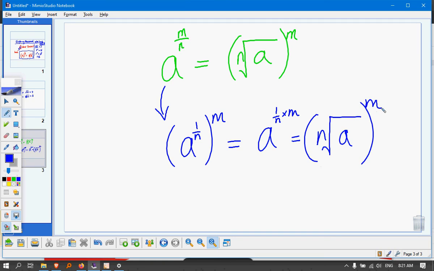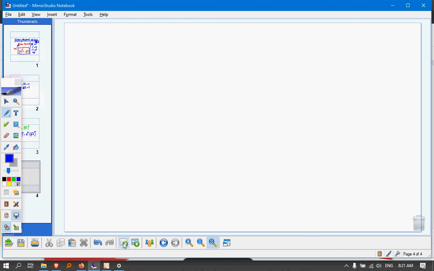For example, if the question required me to find 27 to the power 2 out of 3, this is the same as getting the cube root of 27 and then I square it. We already know how to get the cube root of 27, which is 3.